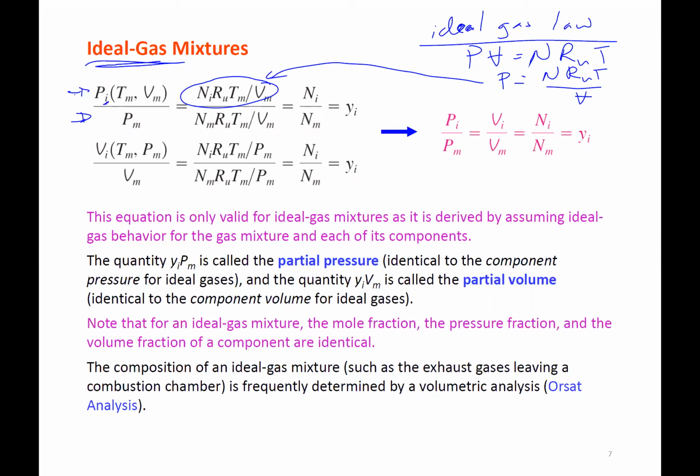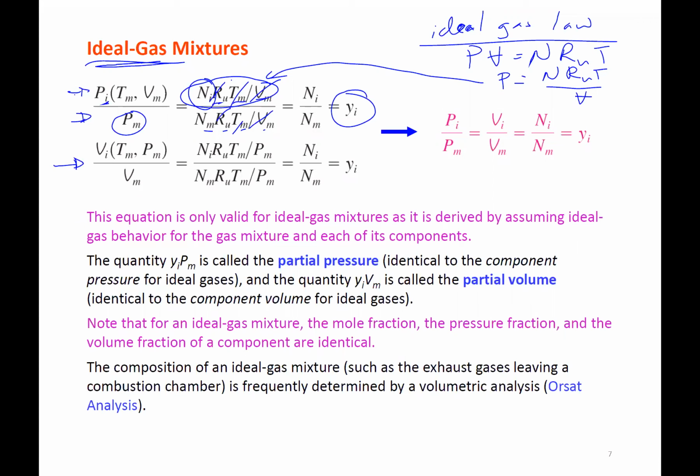So this is for the individual component, okay? It has a universal gas constant, the mixture's temperature, volume, and then the moles for that component. The mixture puts everything at the mixture's. Okay, so when you look at this, gas constant cancels, mixture temperature and volume cancel, and you're just left with moles of that individual component divided by mixture moles, which is the mole fraction, which is the definition of the mole fraction.